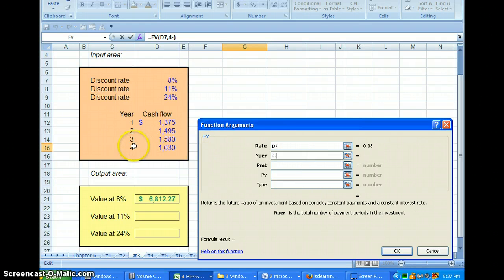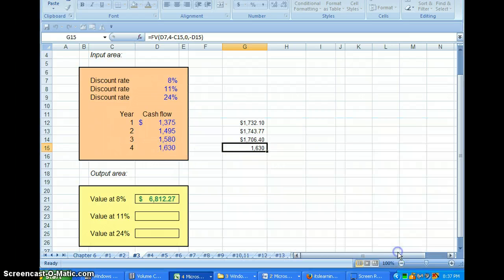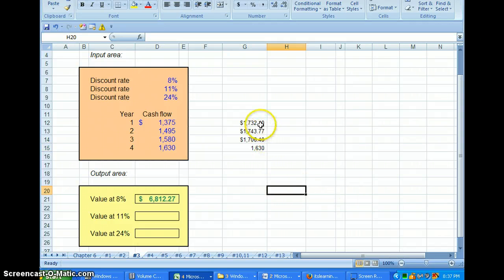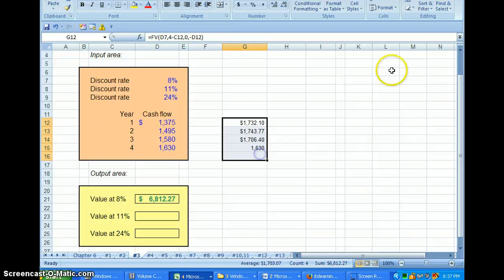Minus payments 0, present value negative, $6,812. We got it.